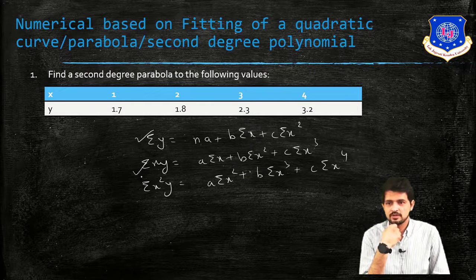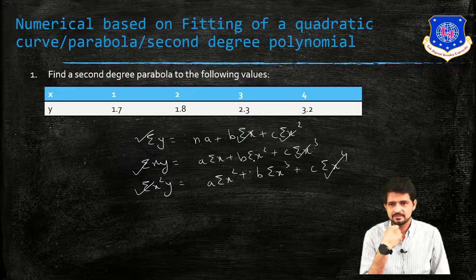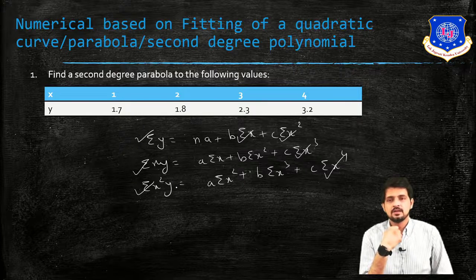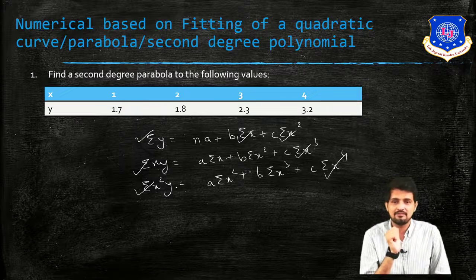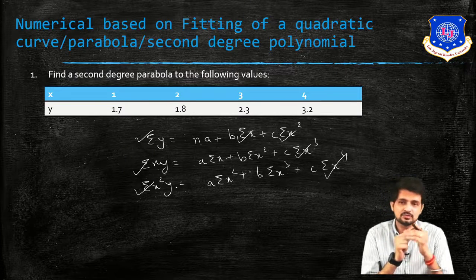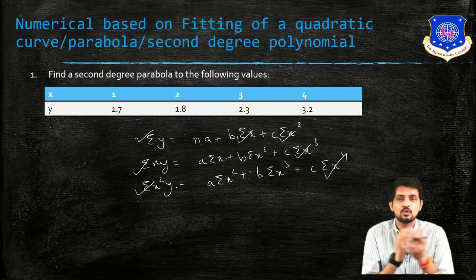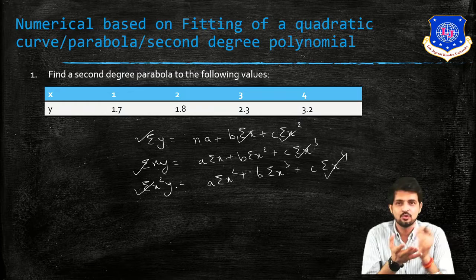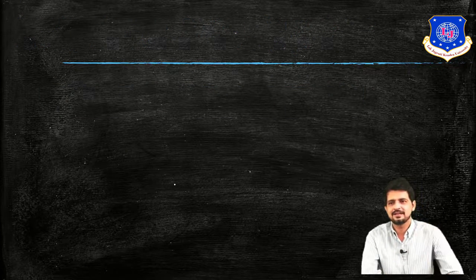See, 1, 2, 3, then 4, 5, 6, 7. Okay. See, we have to find 7 different values: sigma x, sigma y, sigma x square y, sigma xy, sigma x cube, sigma x raised to 4. So for all of these values, so many calculations are required, right? But instead of solving each and everything, we will use a shortcut technique in the calculator. Okay, so let us see that.